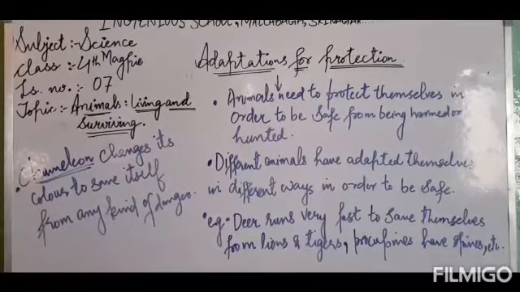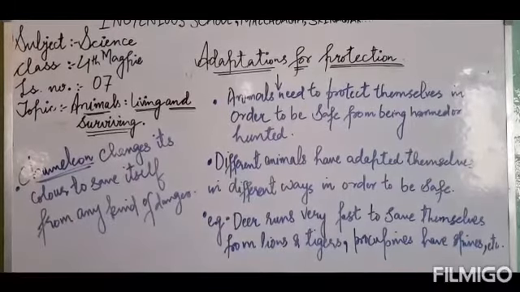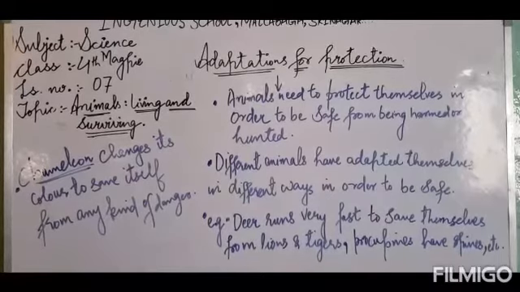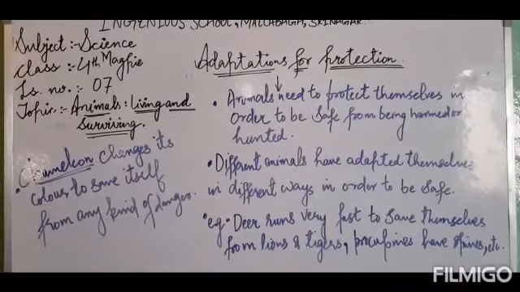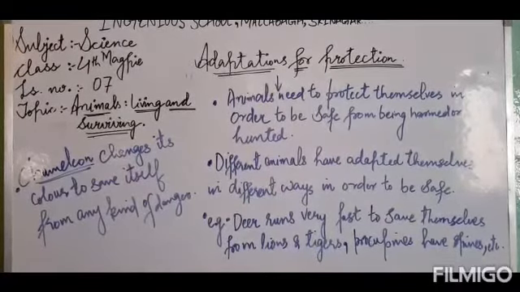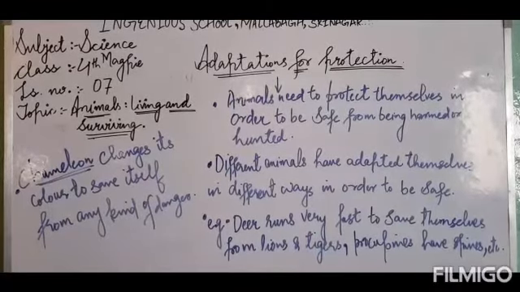Their size scares the animals. This is the adaptation by which they protect themselves, isn't it? Their size scares the animals, so they keep themselves safe from every kind of danger.